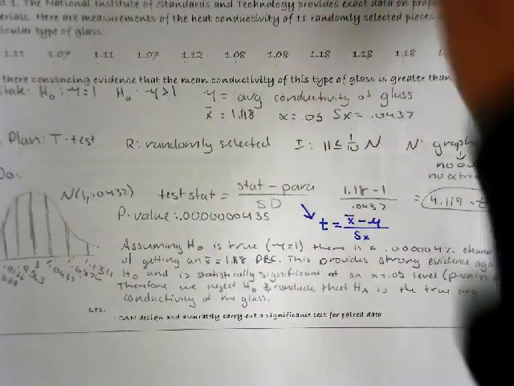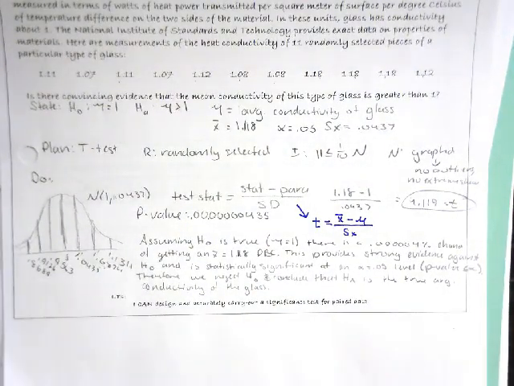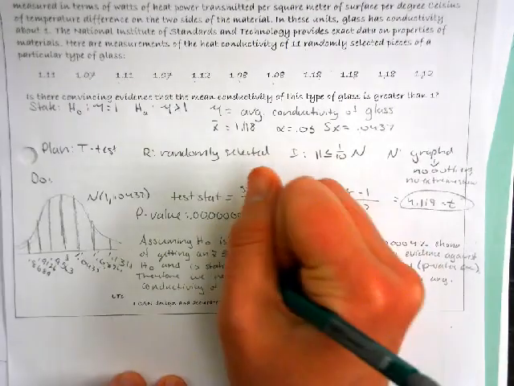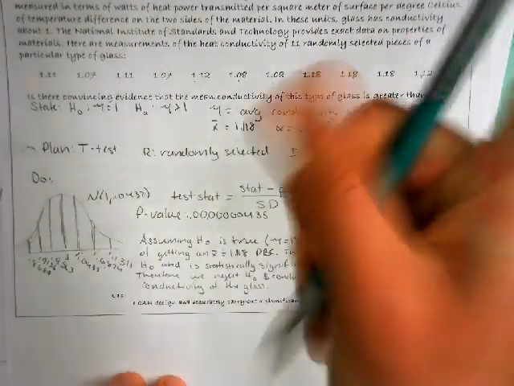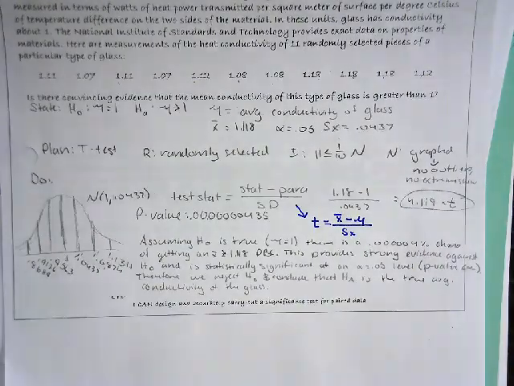And then the conclusion: assuming H null is true, there is a really small chance of getting an x bar that is greater than or equal to 1.118 purely by chance.